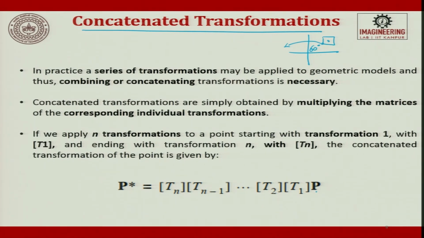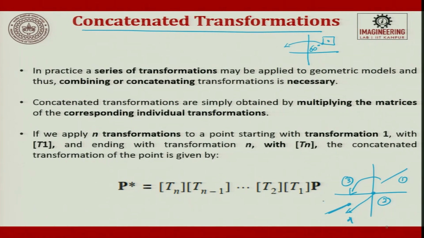So, now I have to rotate about this axis and then do the second. So, there are two steps. Or let us take a line which I am trying to move to this point like this. Step 1, I move it towards the origin. Step 2, I rotate it to this point. Step 3, I translate it to here, that will be step 4. So, these are 4 steps now involved.